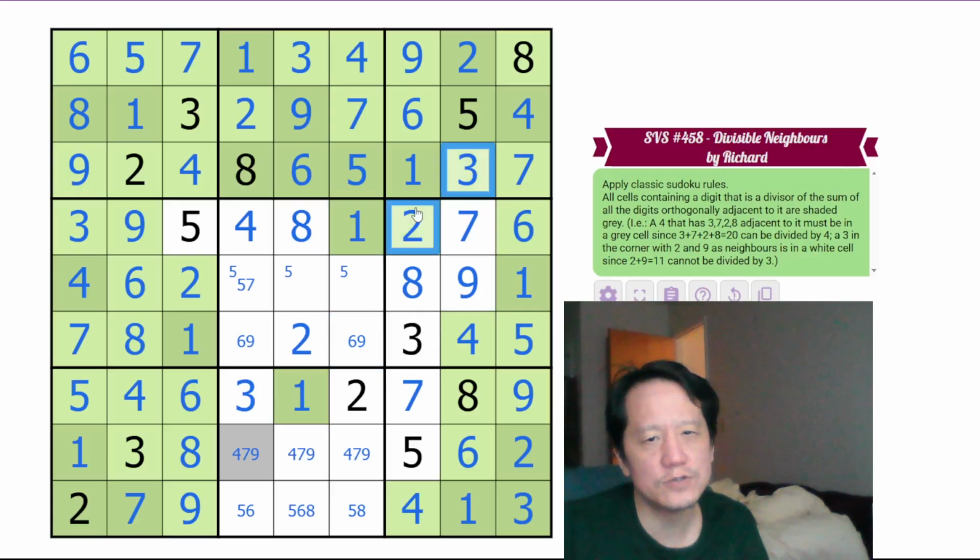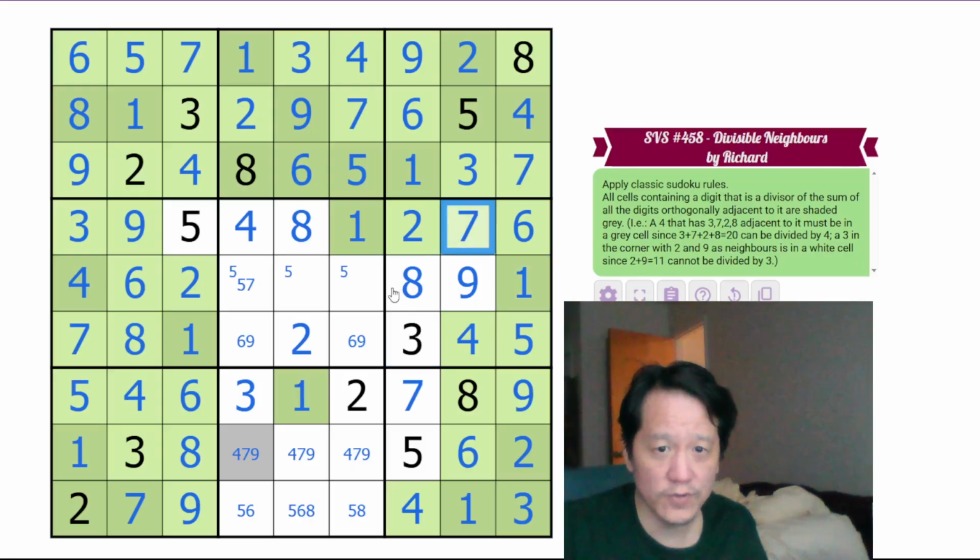7 has 2, 3, 6, which is 11 plus 9 is 20, so 7 does not divide evenly into that. 1, 7, 8, 4 is 20, which 9 does not divide evenly into.